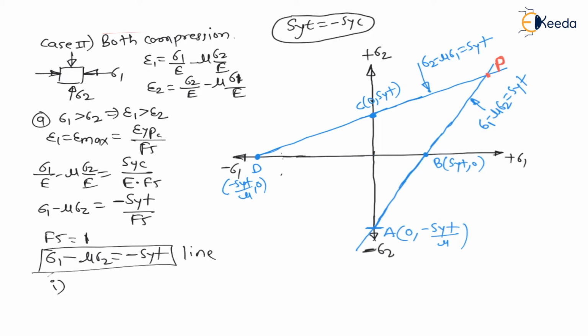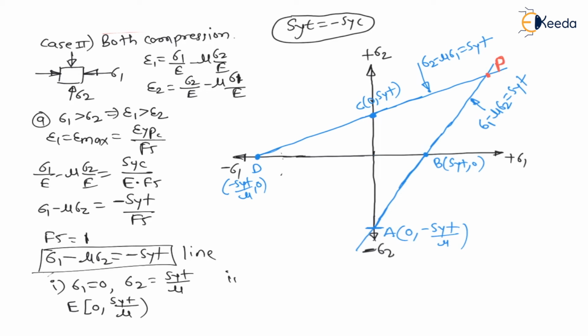Let us say first, sigma 1 is equal to 0, then you will get sigma 2 is equal to SYT by mu. Therefore another point, let us say this point is E. The coordinates of E are 0 comma SYT by mu. We have to plot this E point, right?